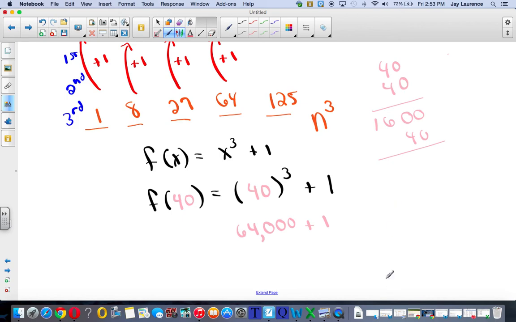Hold on one second, ladies and gentlemen. I am looking for something. I'm just all of a sudden having a moment of doubt about that. 64,001. I just want to make sure I'm doing it right. Yep, I'm good. Okay. Just grabbed a calculator to check myself. I don't like to let the calculator think for me, but I always like to use it to check.